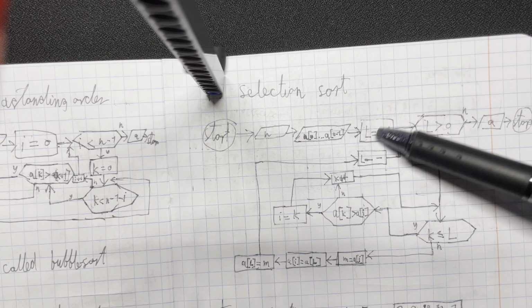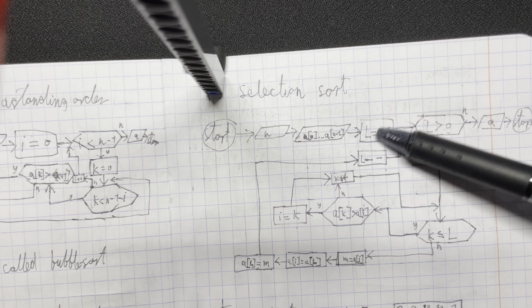Here we start with i as 0 and k as 1, because we're going to make it easy by having 2 separate variables, instead of comparing a[i] with a[i plus 1] or a[i minus 1]. I guess you could do that, but this is more beginner friendly compared to what I had written for bubble sort.